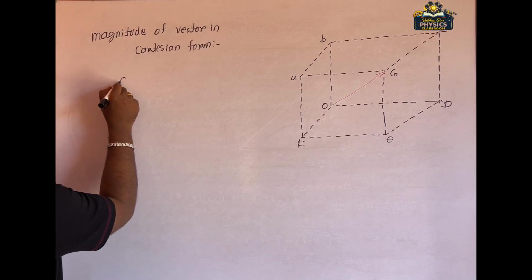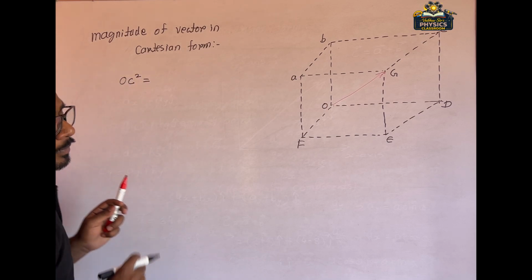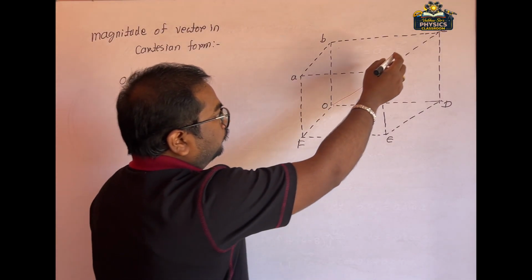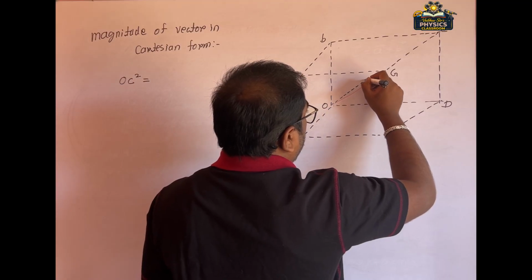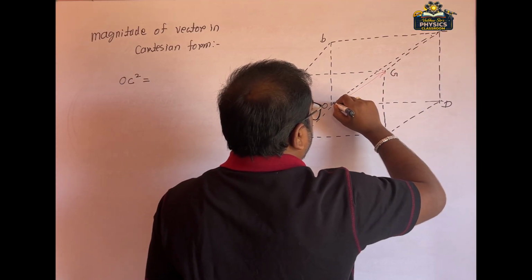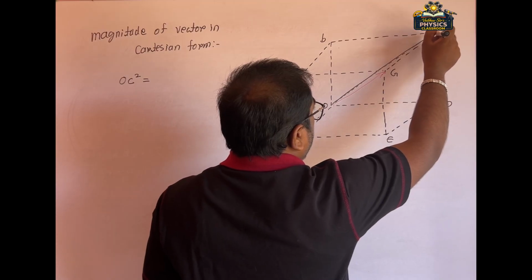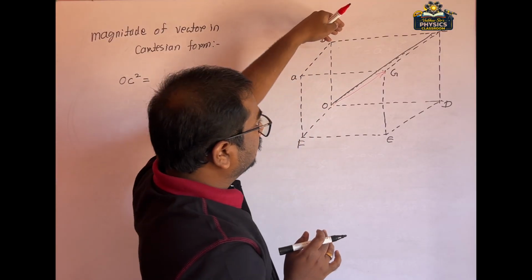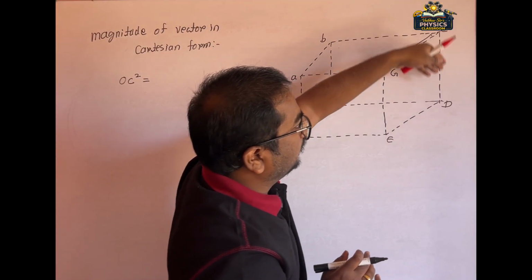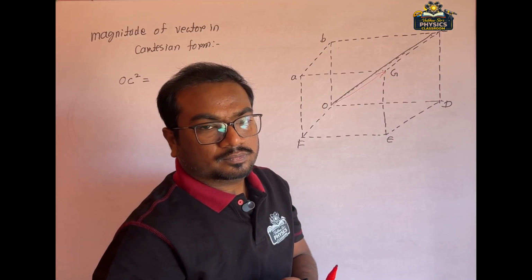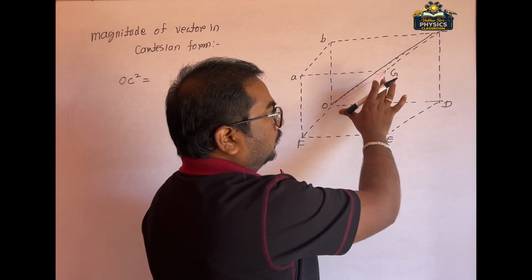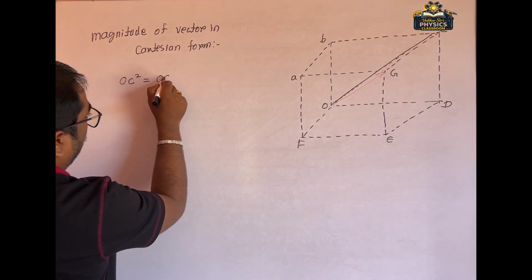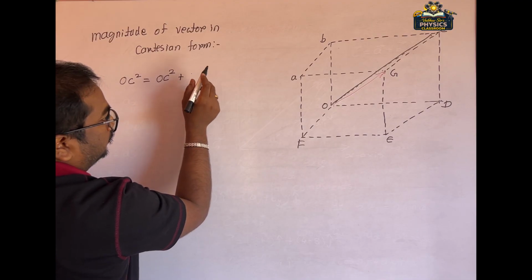Right. Here for OG square, you all know the Pythagoras theorem. This OG square will be, see here, if I take one line on this plane BOD and C, this OG square will be OC square plus GC square.